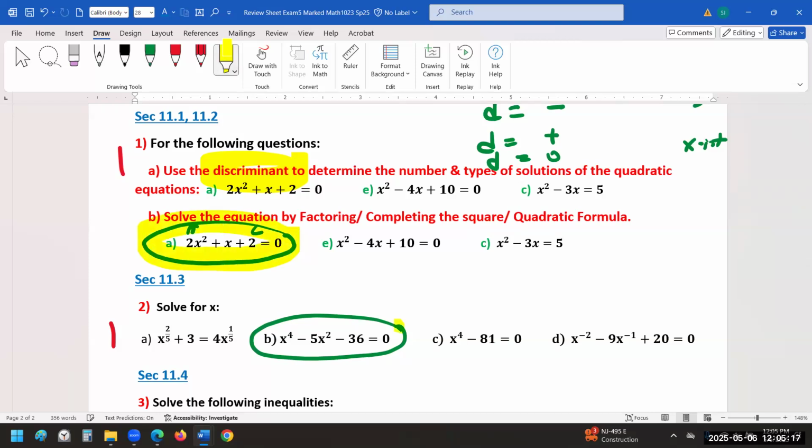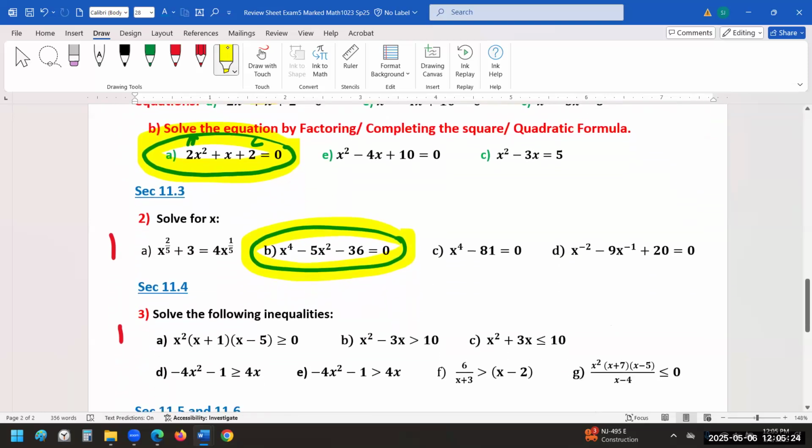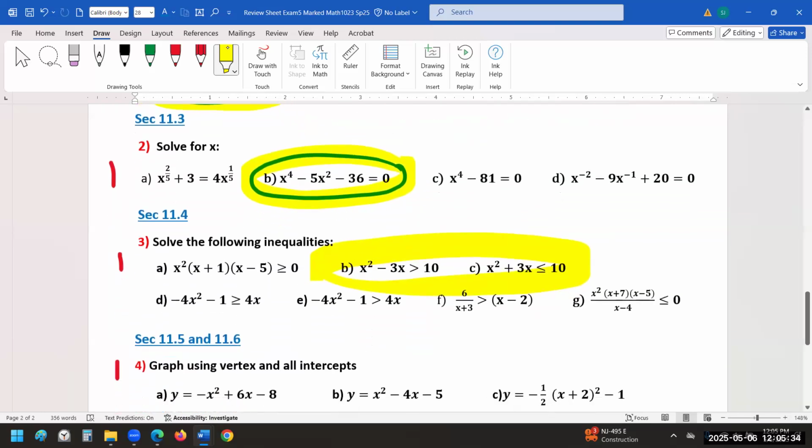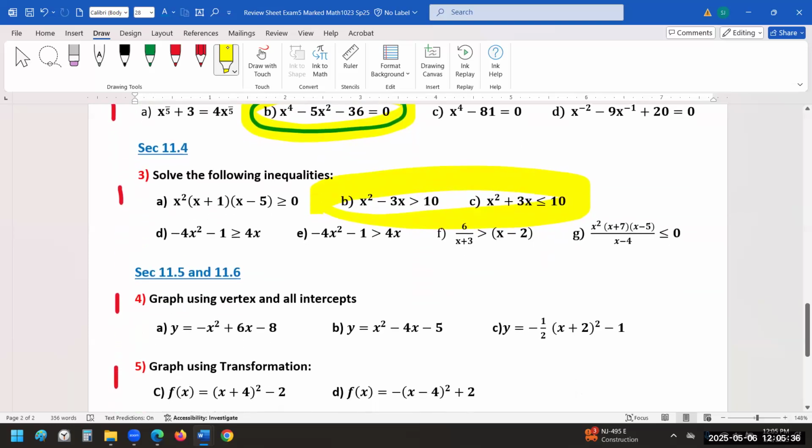So this, from the weird looking, I'm going to give you the fourth power. From inequality, one of these. 11.5.